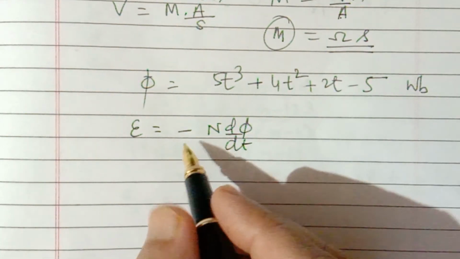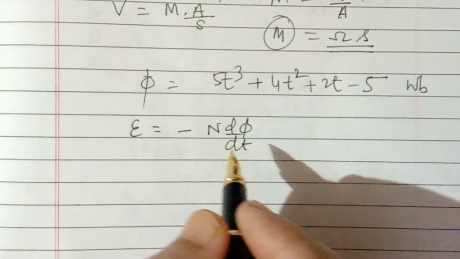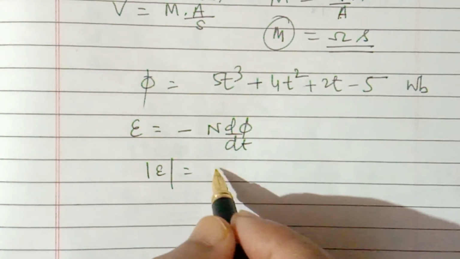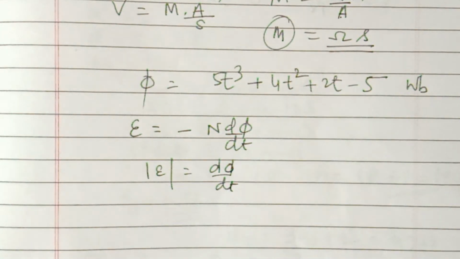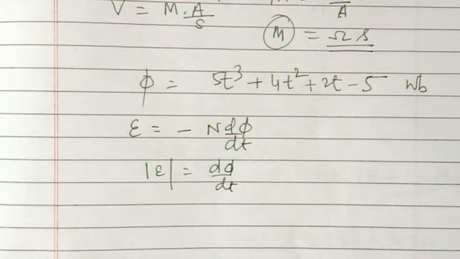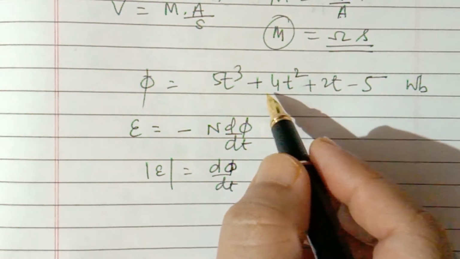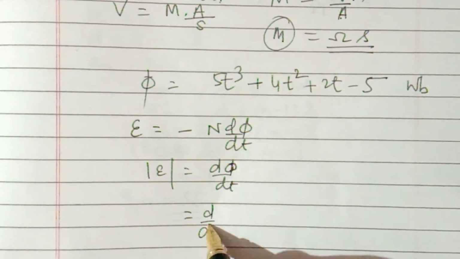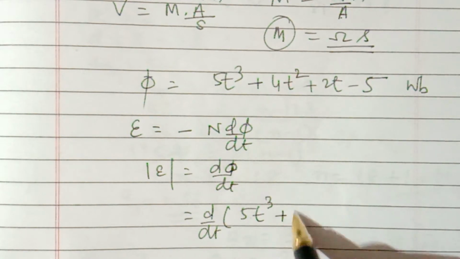If the coil has a single turn as it is given here, and you take the magnitude, then you can get d phi by dt. As phi is expressed in terms of time, you will differentiate here.